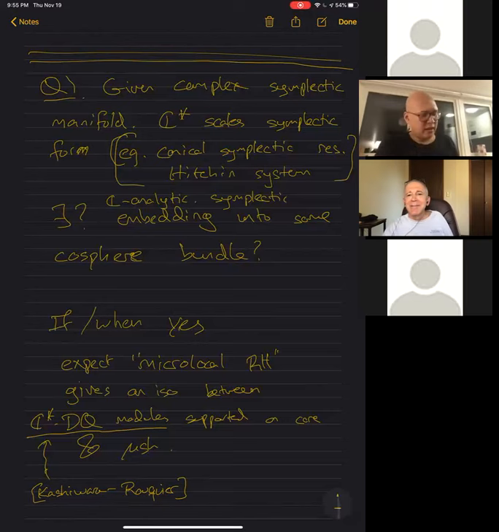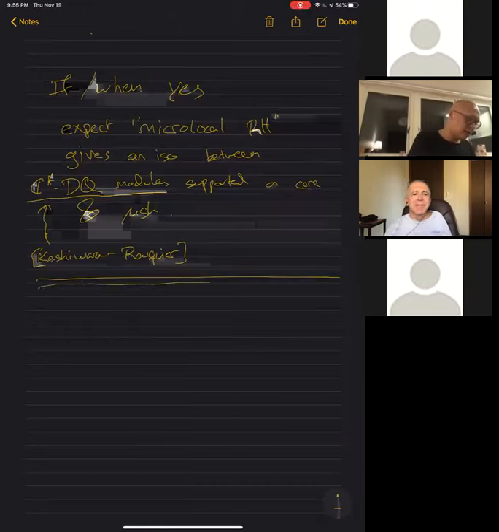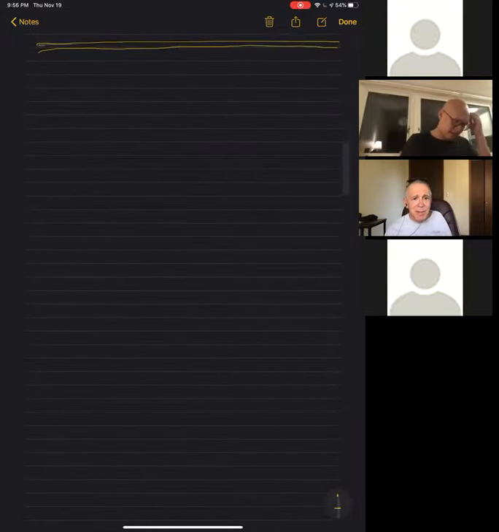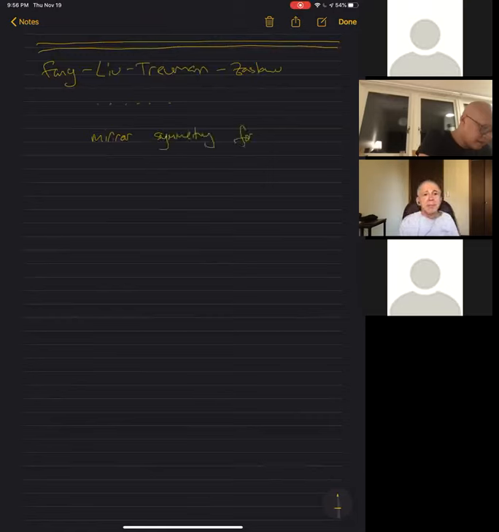What this whole business, this GPS business and all of that, was meant to support is the work of Fang, Liu, Treumann, Zaslow, and many people after them about mirror symmetry for toric varieties.